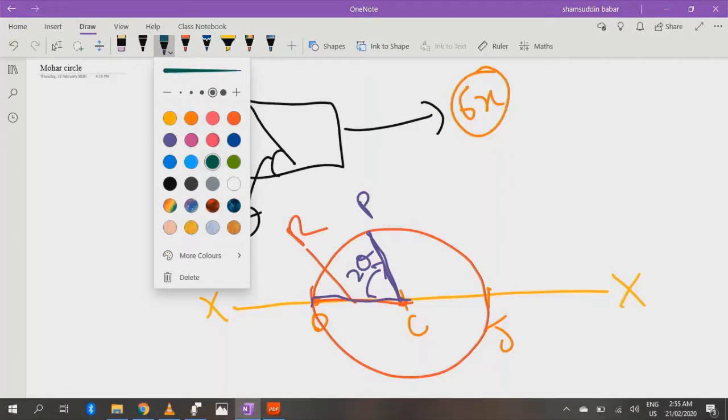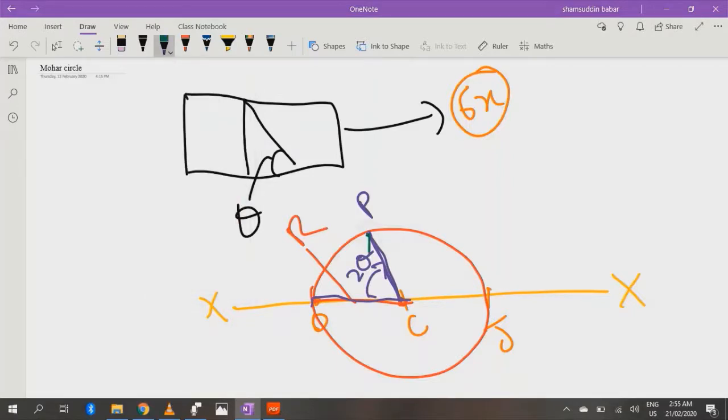Now we will actually have 3 lines. One will be this line and this will be Q. Now this is the perpendicular with respect to OC. Now we have 3 lines: PQ, OQ and OP.